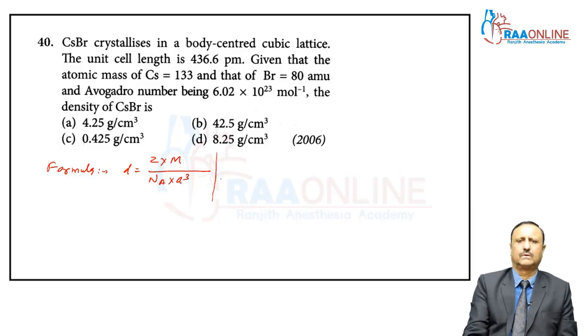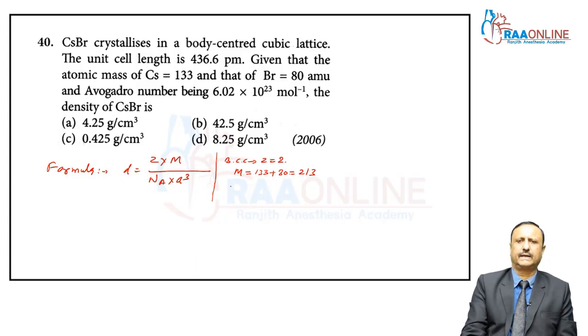Now what is given in the question? Here BCC is given. For BCC, my dear students, Z is equal to 2. Here M is the molar mass, and it is given. Cs atomic mass 133 plus Br 80, so you add both and get 213, which is the molar mass.